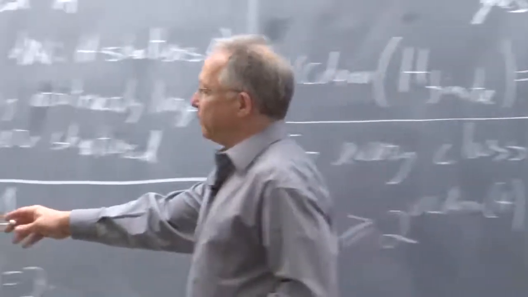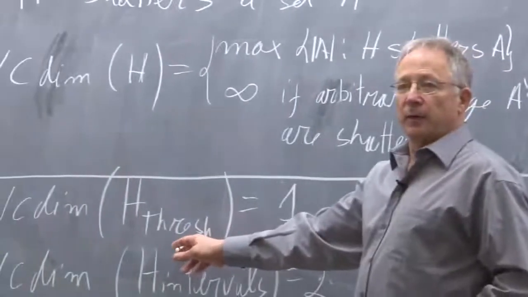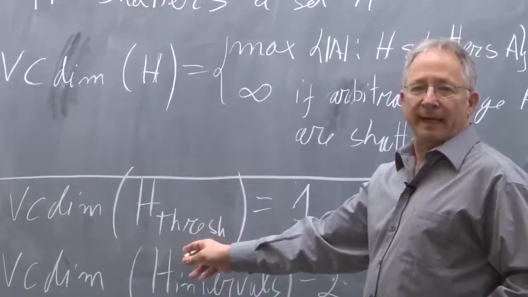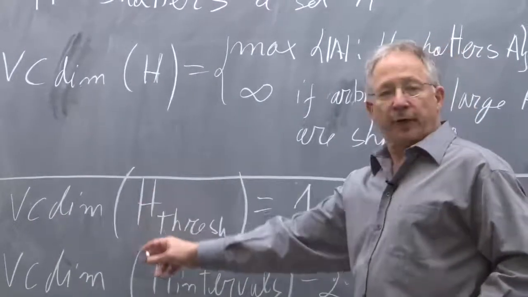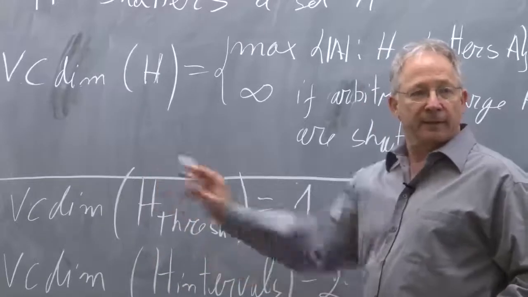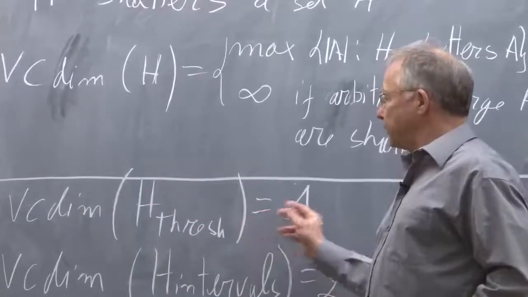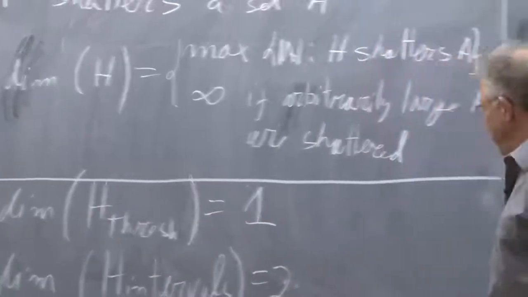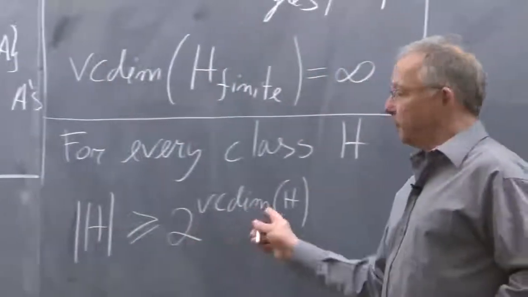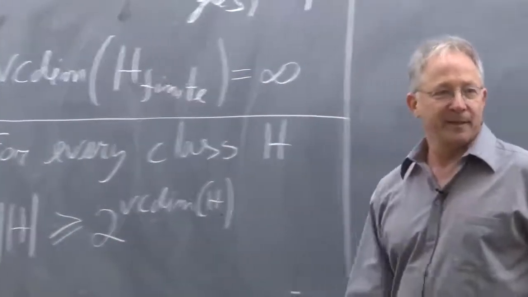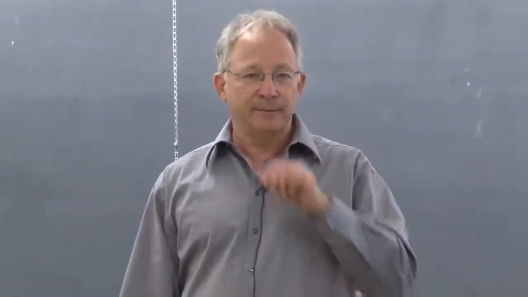What is the size of H thresholds? We look at all thresholds on the real line. What is the size of H? The size of H is infinity. The VC dimension is only 1. And infinity is more than 2 to the power 1.